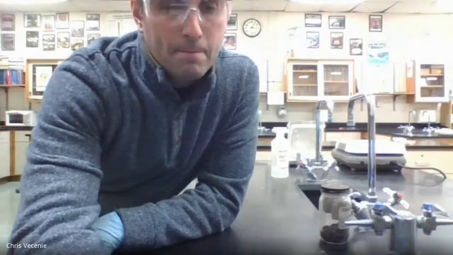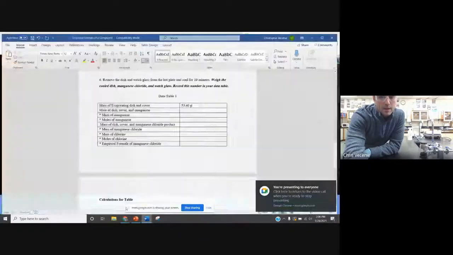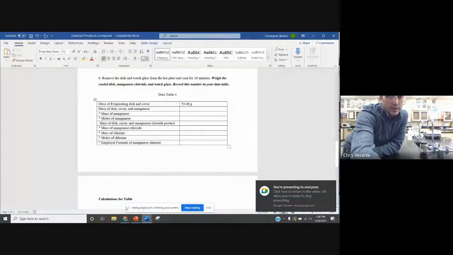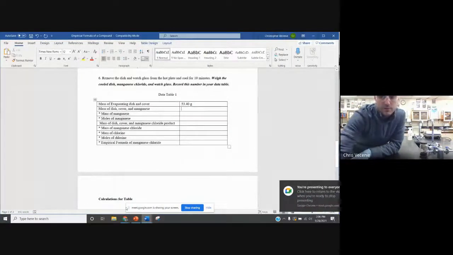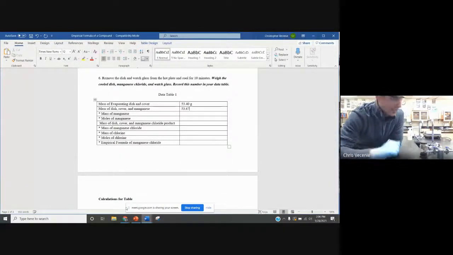So we're going to put that in the second line of our data table. 53.67. And that's still what the number is reading over there. Great. Now from that, you can already do a couple of calculations, but we'll do that together while we're waiting for the reaction to occur.